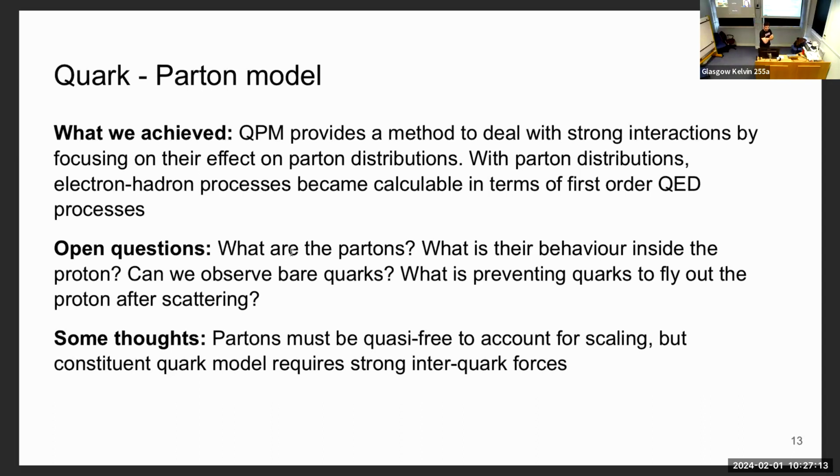Can we observe them outside the nucleon we are considering? And what prevents them from just going out and making nucleons fall apart? Based on experimental observation, partons must be almost free to account for scaling, but there should also be a very strong interaction force that prevents them from escaping.